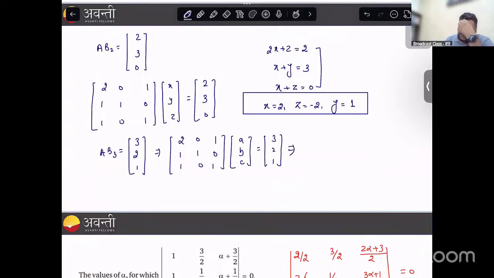Now, if you simplify these, you get 2A plus C equals 3. A plus B equals 2. And A plus C equals 1. Now, again, if you simplify all of them, you get A as 2, C as -1, and B as 0.